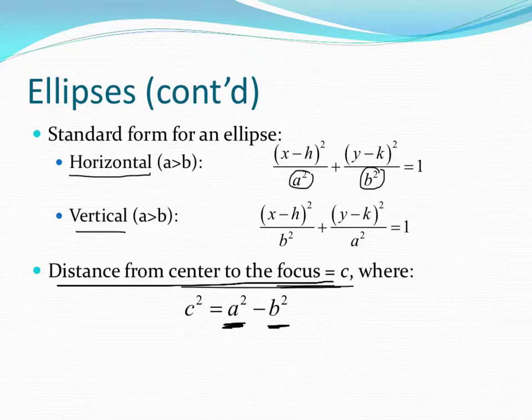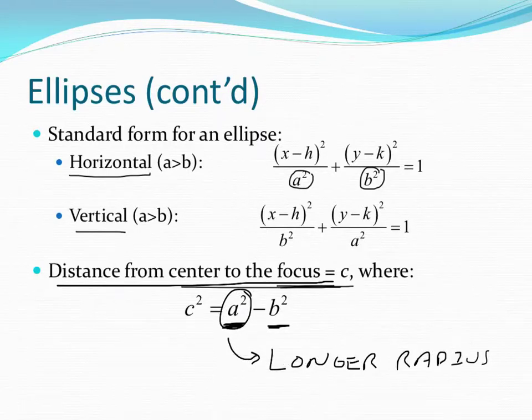And so the a value here is always going to be the longer of the two radii. Just something to remember. I think it simplifies things to think of these as the x radius and the y radius, but just remember that when you're trying to find the focus, you're always going to use a squared minus b squared, where a is the longer of the two radii.